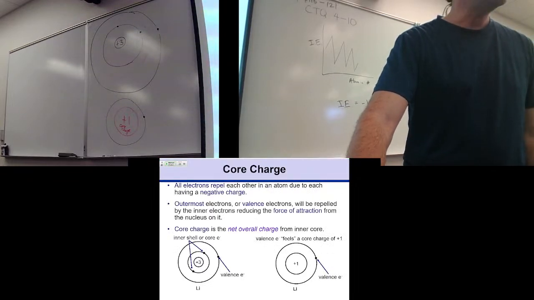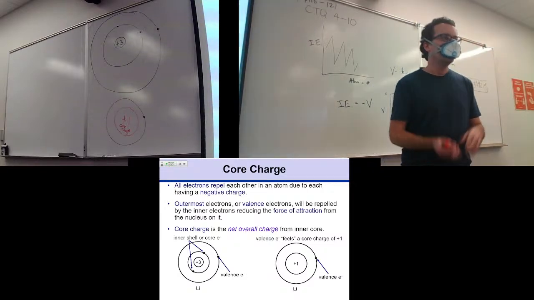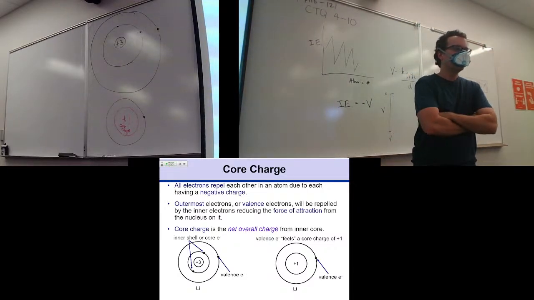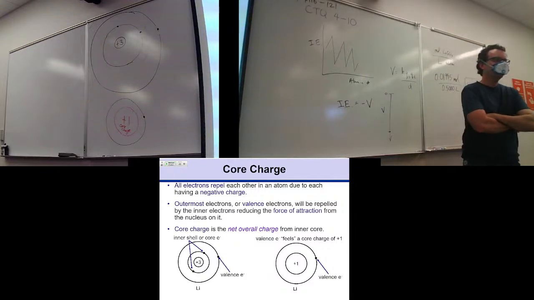I had a question. Yeah. When you were explaining this before we got into core charge, I was thinking that the electrons repel each other, so they're coming together, but they're still repelling each other until that little hole left by a non-filled valence shell.